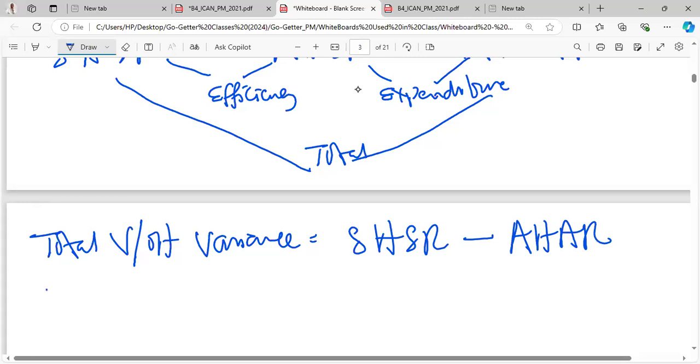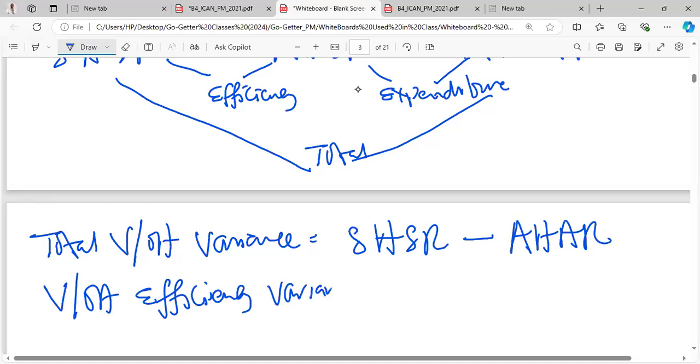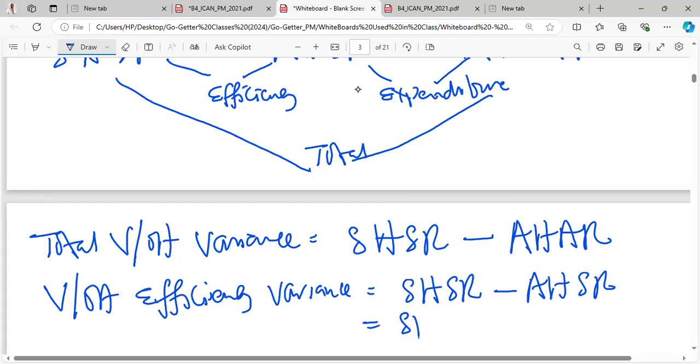Then we have variable overhead efficiency variance. That will give me standard hours, standard rate minus actual hours, standard rate. So standard rate is common, standard hours minus actual hours.